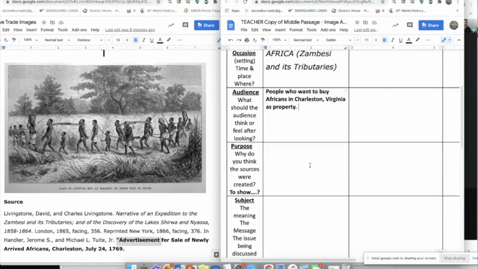Now, what should the audience think or feel after looking at that? The people in Charleston, South Carolina in 1769, they want to buy slaves to work on their plantation farms.